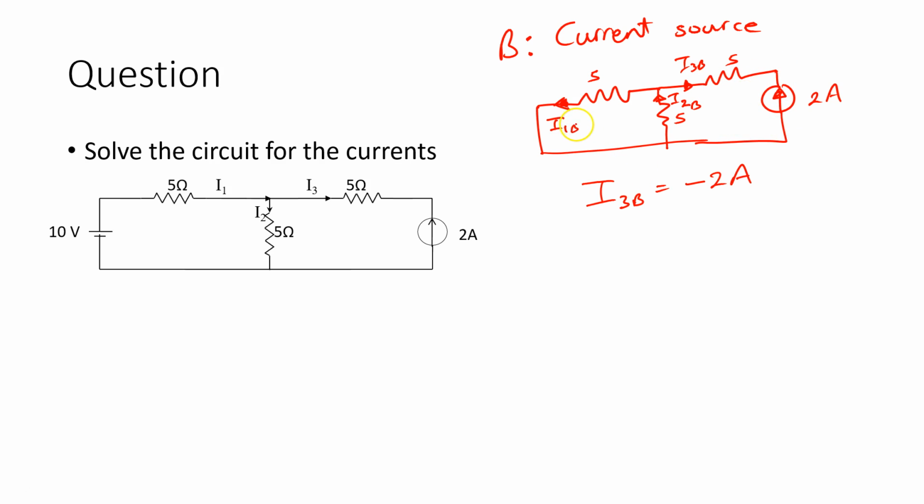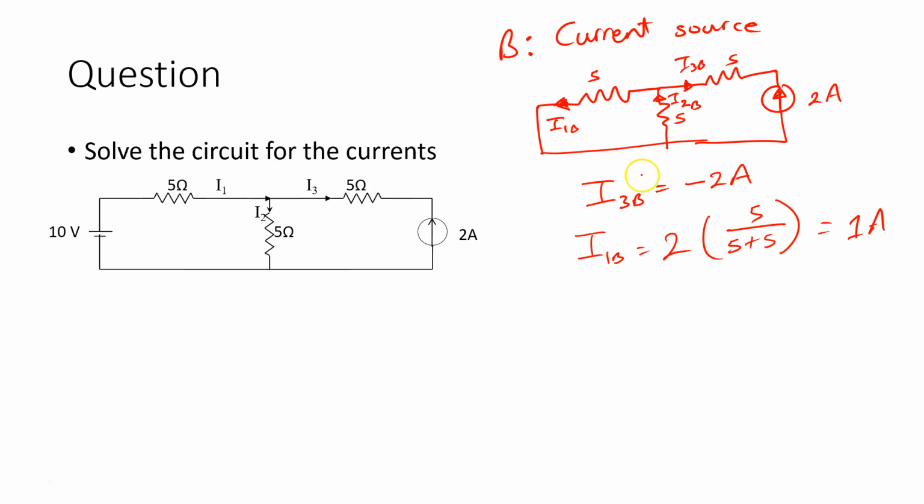And now I have I1B and I2B. The current in reality is going to split equally between these two 5 ohm resistors, so we'll have 1 amp going this way since it's half of 2 amps. If we want to do it with the whole current divider equation, 2 times 5 over 5 plus 5, which is 1 amp.